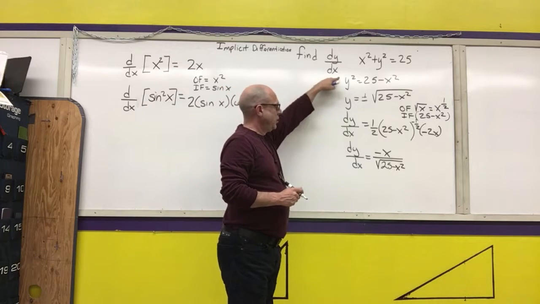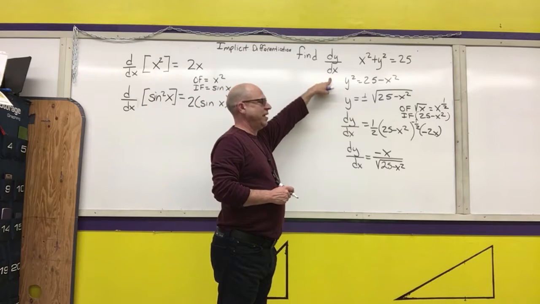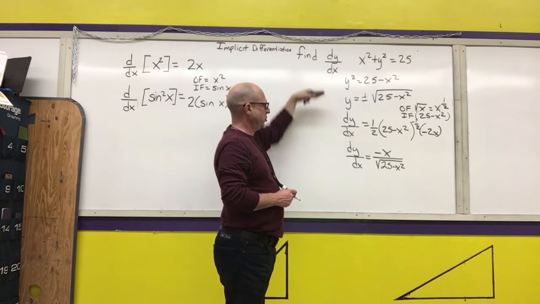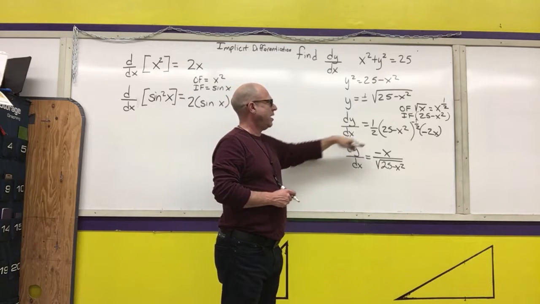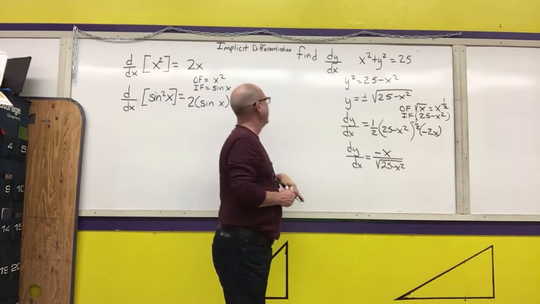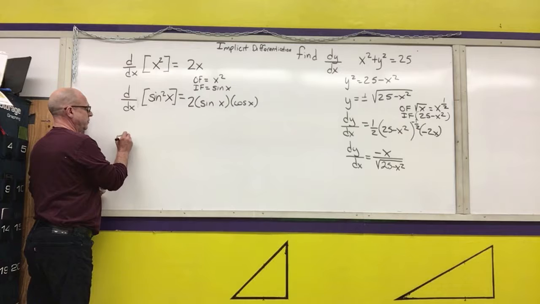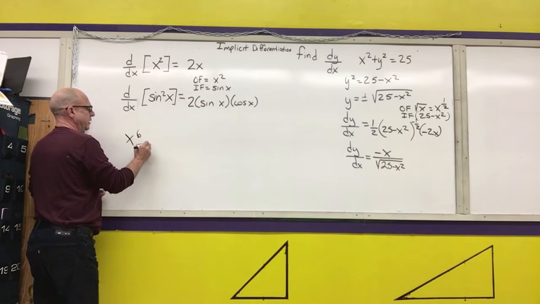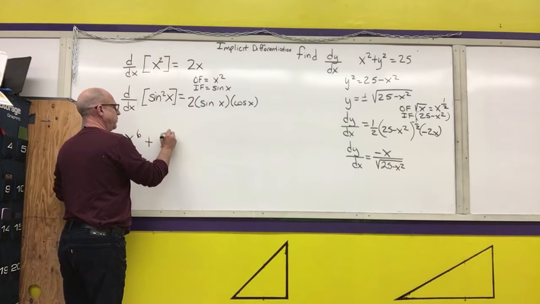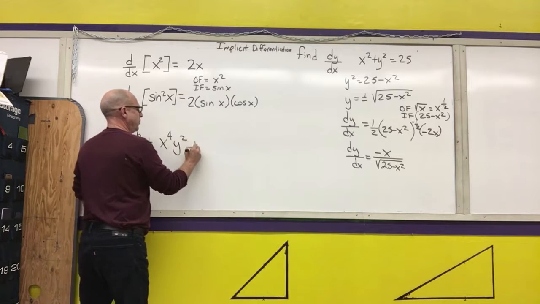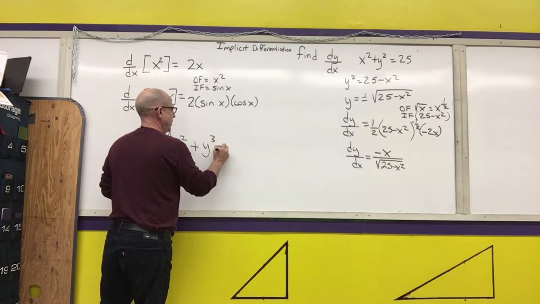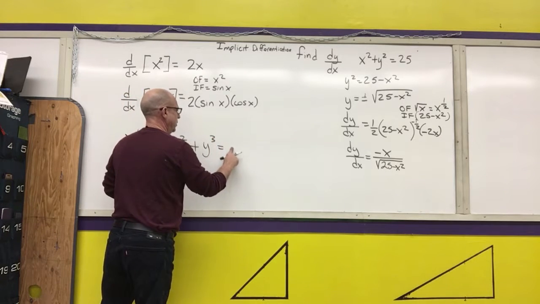Notice this equation, I could solve for y, and then once I knew which portion of the curve, whether it was the upper semicircle or lower semicircle, I could actually take the derivative. However, we're going to come across equations, for example, x to the 6th plus x to the 4th y squared plus y cubed equals a number.